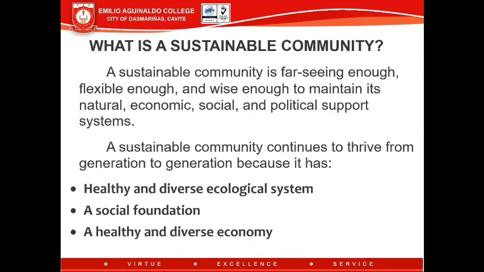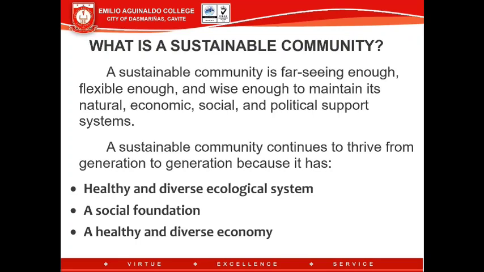Again, what is a sustainable community? A sustainable community is far-seeing enough, flexible enough, and wise enough to maintain its natural, economic, social, and political support system. A sustainable community continues to thrive from generation to generation because it has, first, a healthy and diverse ecological system that continually performs life-sustaining functions and provides other resources for humans and other species.